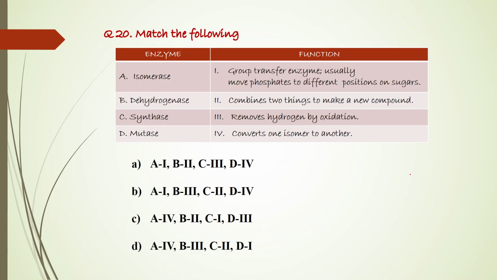Try to match the following. On the left hand side we have the enzymes isomerase, dehydrogenase, synthase and mutase. You have to match them with their functions on the right hand side. For the enzymes, from their name itself, it is very clear what their role is. So what does an isomerase do? First of all, if anybody knows, please try to do it by yourself. This one is very easy and I will discuss it in a minute.